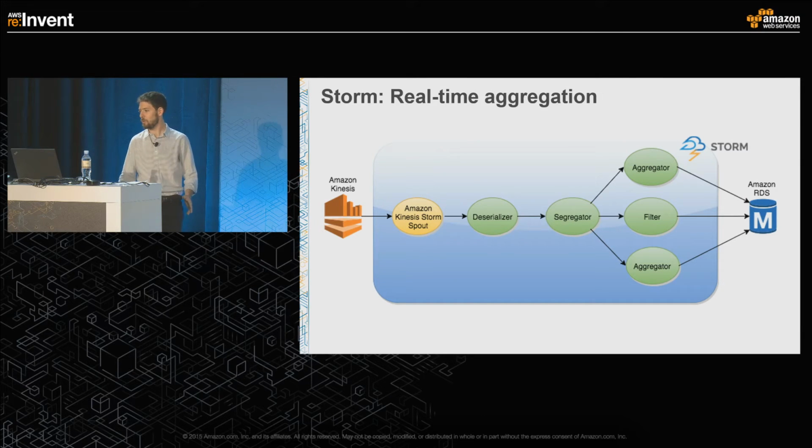All right, so what does it look like from the topology perspective? This is a really simple topology that might let you calculate some basic metrics from data coming through Kinesis. So you have your Kinesis Storm Spout that's reading records off Kinesis and sending them into the topology.